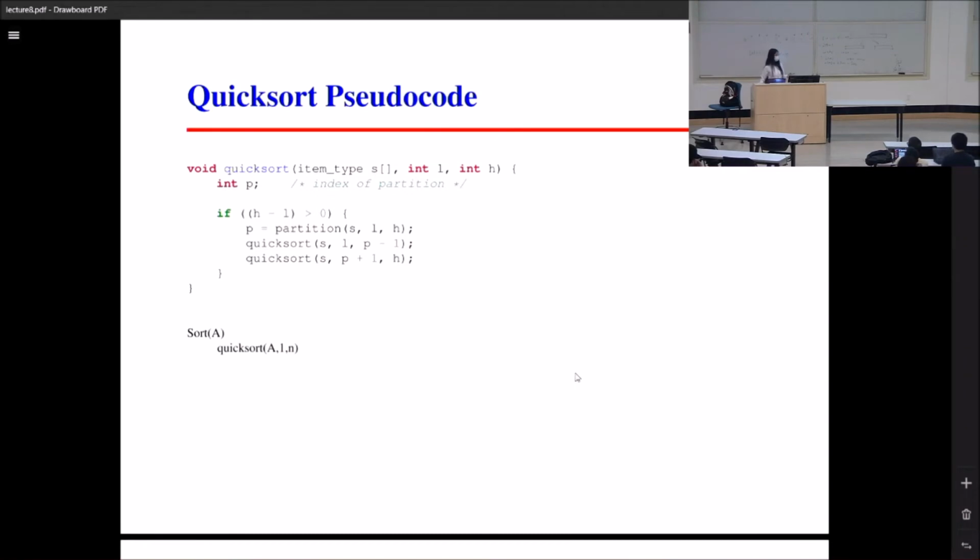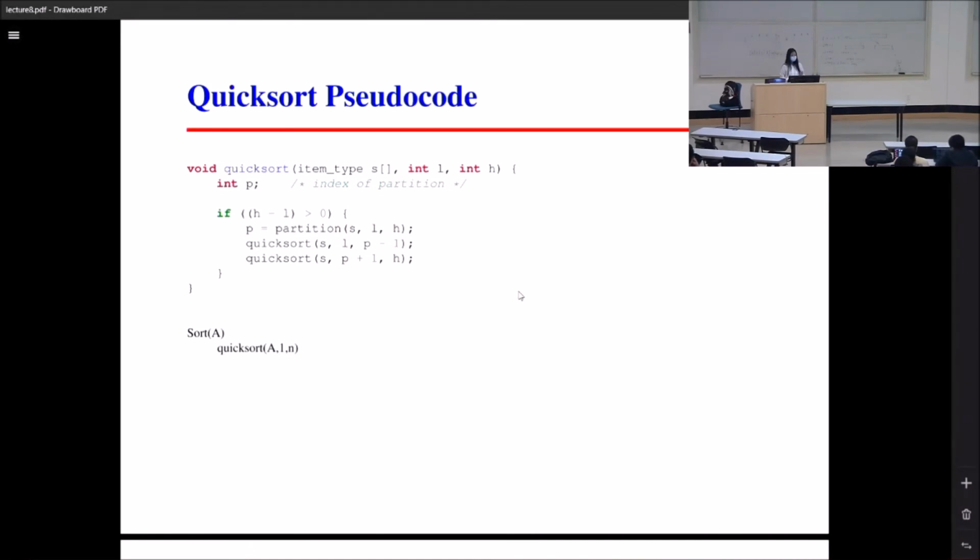So now we have the quicksort function, and we are still given S, which is an array. And we also give the index of the low and the high, which are the left and right. And now the p here is the returned value from the partition function.